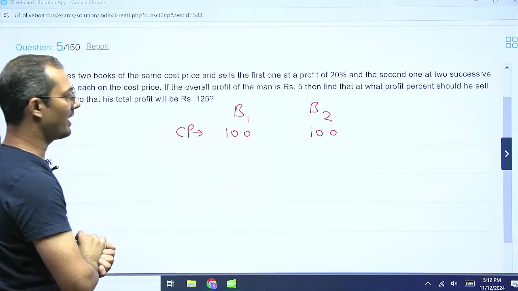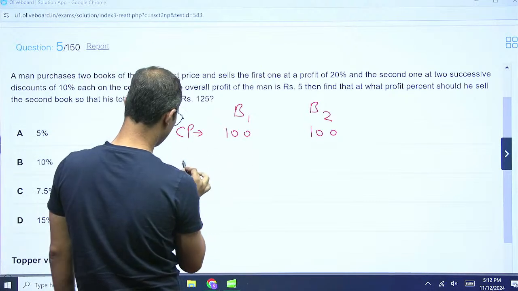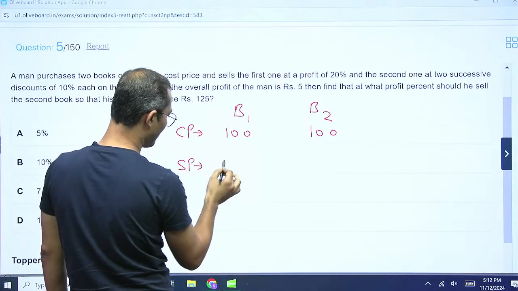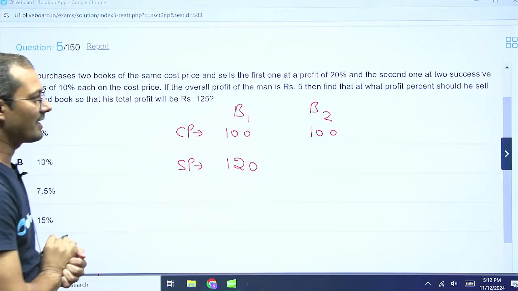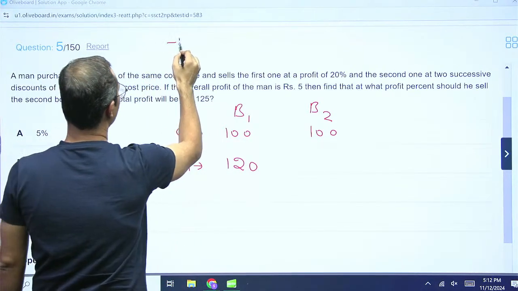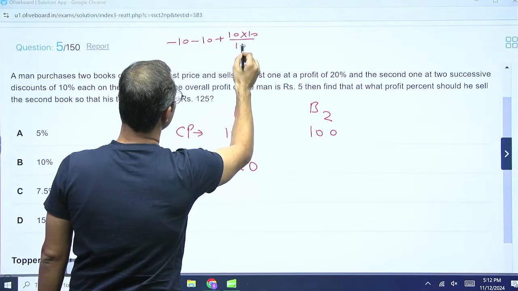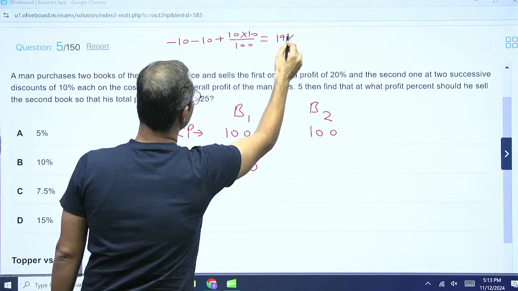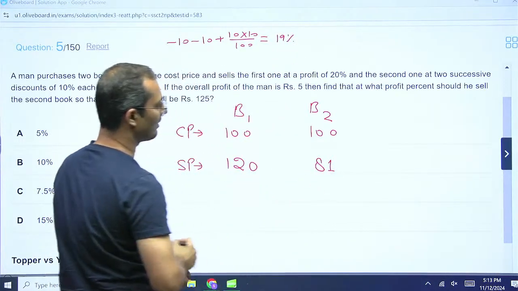The first one is sold at a profit of 20%, right? So we can say that the selling price is going to be 120. And the second one at 2 successive discounts of 10%, so we can say that the total discount is going to be 19%. It means the selling price is going to be 81, right?